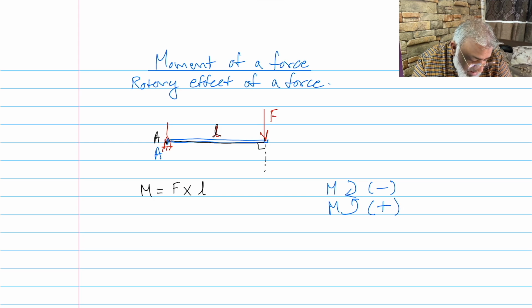So in this case, we will say the moment is minus FL, because the moment is clockwise. We cannot use the word clockwise in an equation, so to use the clockwise direction in the equation, we represent it by a minus sign. So this is what we call the moment of a force.